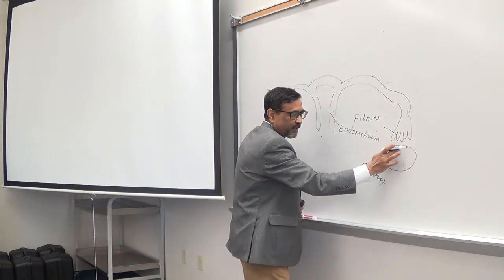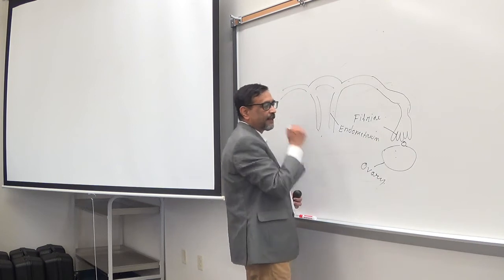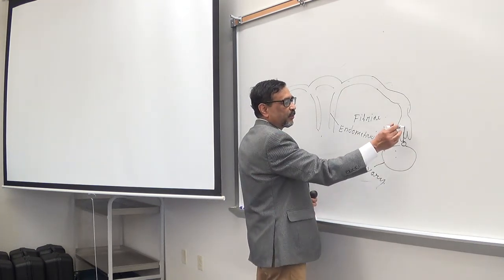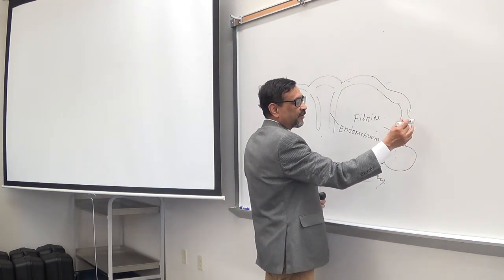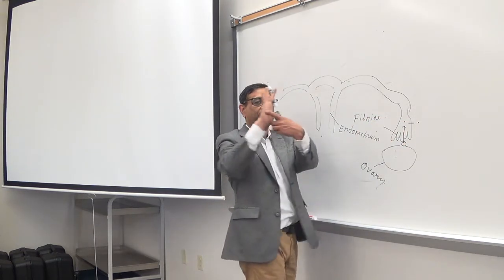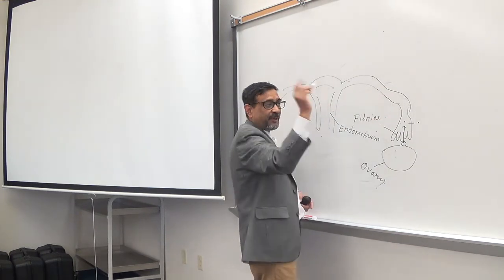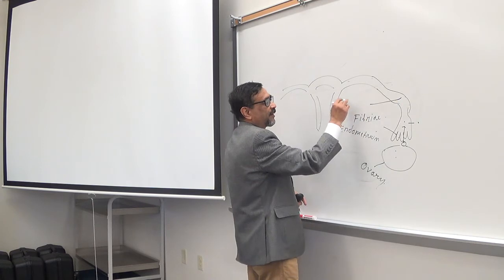And when ovulation occurs, the egg or ovum comes out from the ovary and enters into the uterine tube. This part is called infundibulum, by the way, you know that. So, fimbriae, infundibulum. Then this part is called, this is a very important part, right? This part is called what?